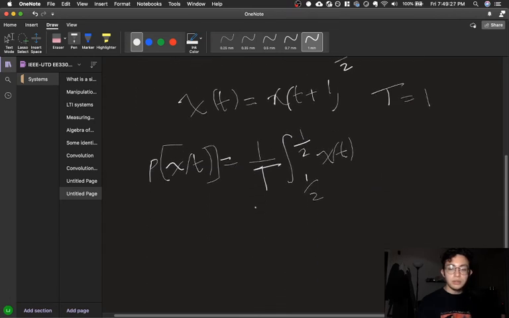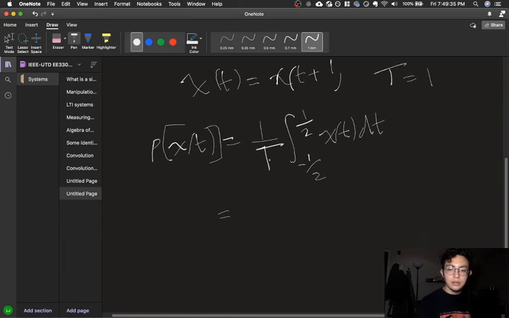So it'll just be the integral of x of t dt, and this is just period 1, so big T is 1.